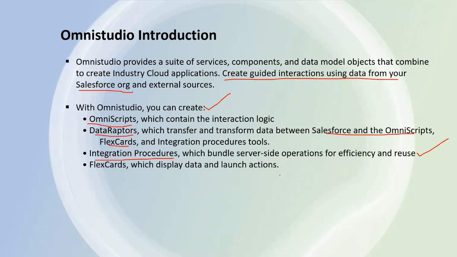In that scenario I can replace those three data raptors with a single integration procedure. The server hits will be minimal, only one call will happen, and resources will be saved. Again, when we discuss integration procedures, I'll show in real time how it works.